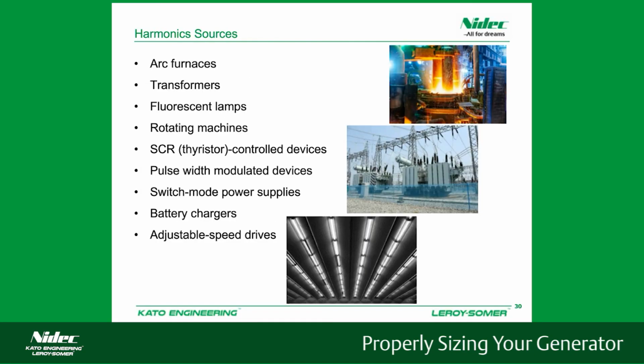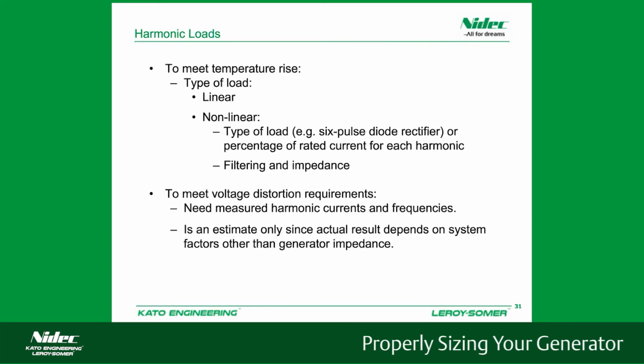Our harmonic sources are typically caused by arc furnaces, transformers, fluorescent lamps, rotating machines, SCRs, pulse width modulated devices, switch mode power supplies, battery chargers, and adjustable speed drives. To meet the temperature rise, we'll have to be capable of handling the linear load, but also the nonlinear load.